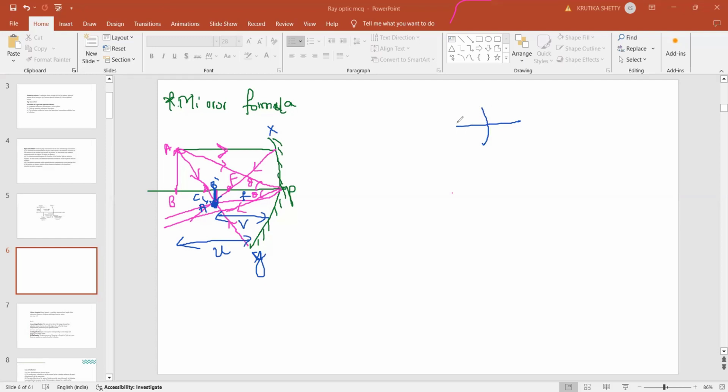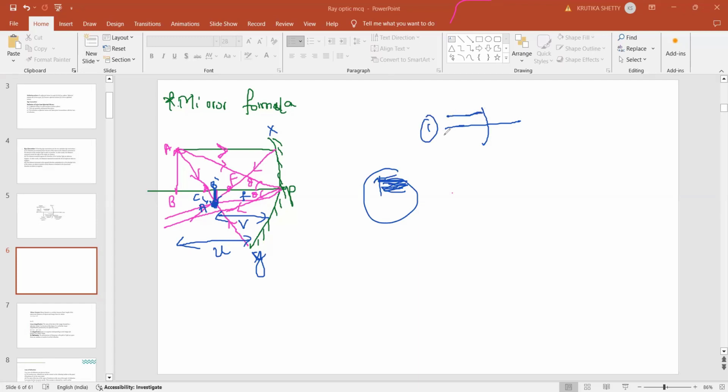According to those laws, the first law says about the incident ray going from the object. We know that when we place an object in front of a mirror, it gives out n number of rays. Out of those, we need to see 4 rays first.